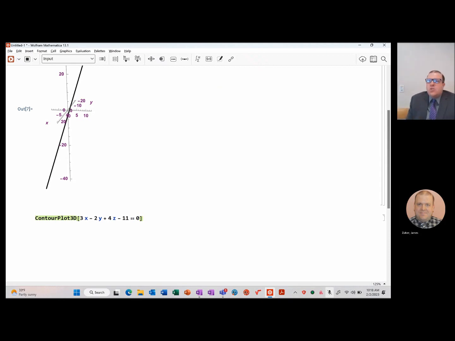In Mathematica, single equals is telling Mathematica you want to store something as this value. A double equals is a test. So putting the double equals, I'm saying it's the set of points x, y, z that satisfy that equation. Obviously, when you're plotting something, that's what you're plotting, a set of points that satisfy an equation.